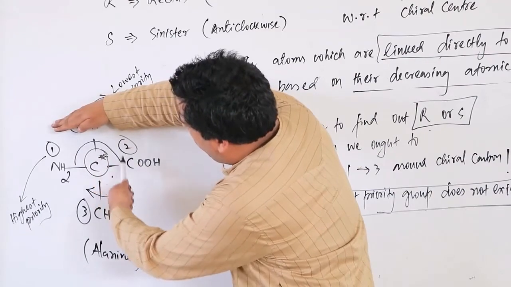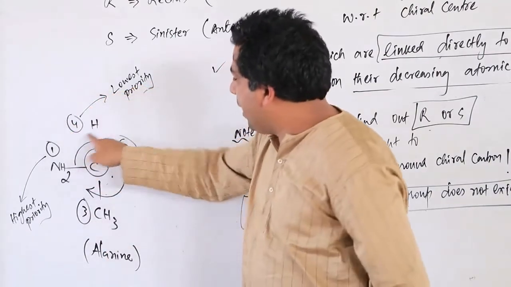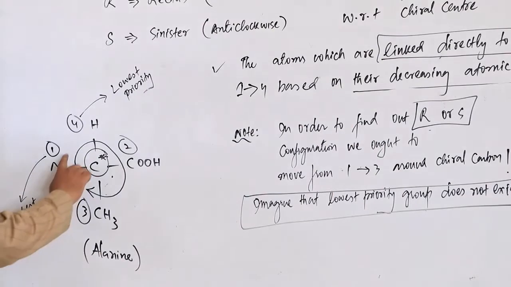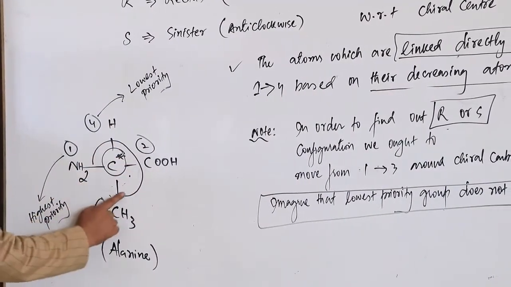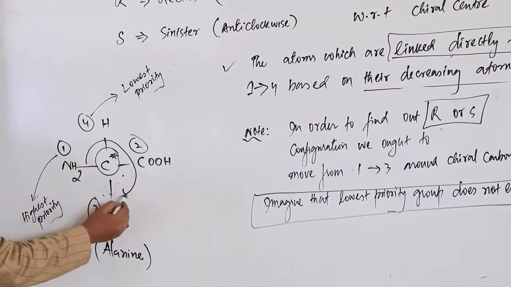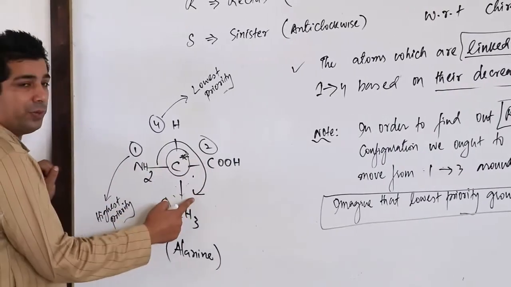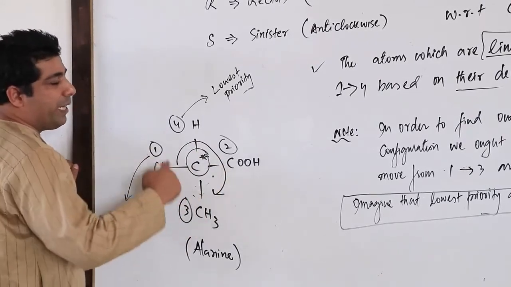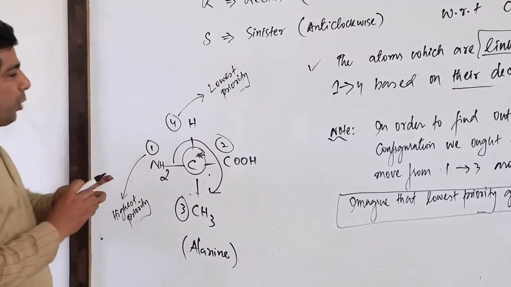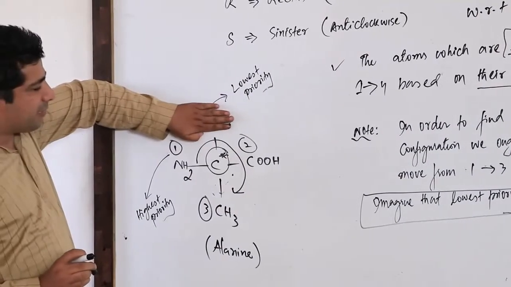So when you are moving from 1, 2, 3, you will get an arrow. This arrow direction is like this. Have a look. The direction of an arrow is like this. Can you decide now what is the direction of an arrow? The arrow is basically in clockwise direction. So you are moving in clockwise direction, and you have to imagine that the lowest priority does not exist.